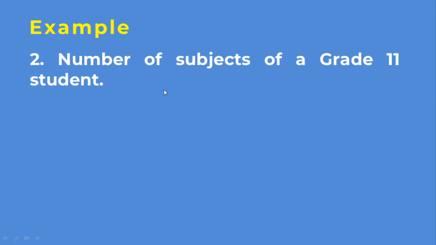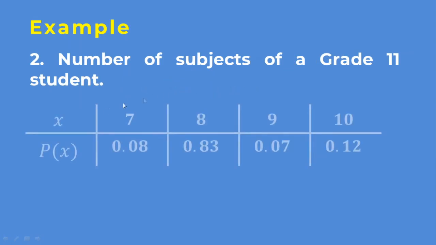Our next example is number of subjects of a grade 11 student. So, meron tayong given na data. Ito yung elements ng ating discrete random variable 7, 8, 9, 10. Tapos ito yung corresponding probabilities niya 0.08, 0.83, 0.07, saka 0.12. So sa first property niya, pasok siya kasi wala naman yung negative at walang greater than 1.